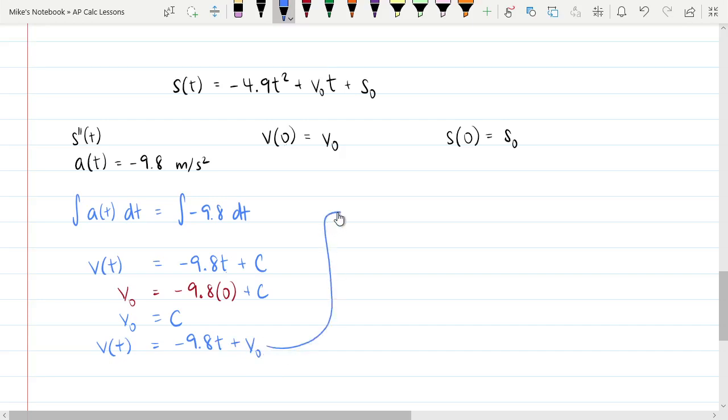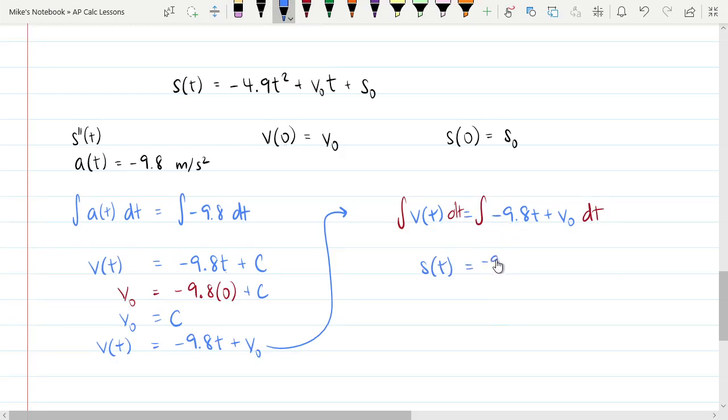And so now, to find our position, we're going to integrate one more time. But this time, we're integrating velocity, but again, still with respect to t. So the antiderivative of velocity with respect to t is just position.